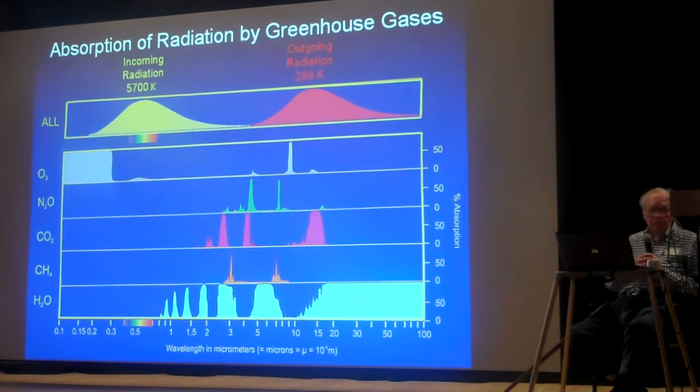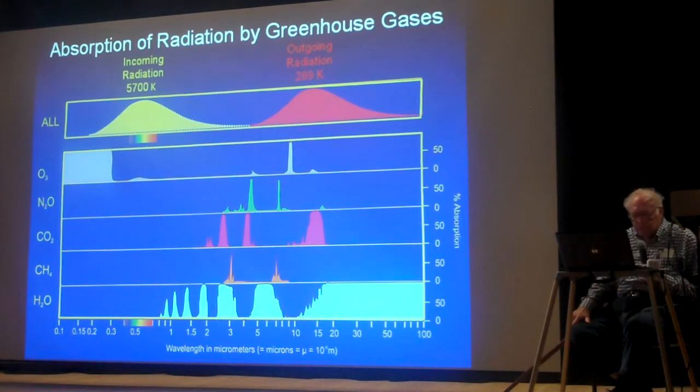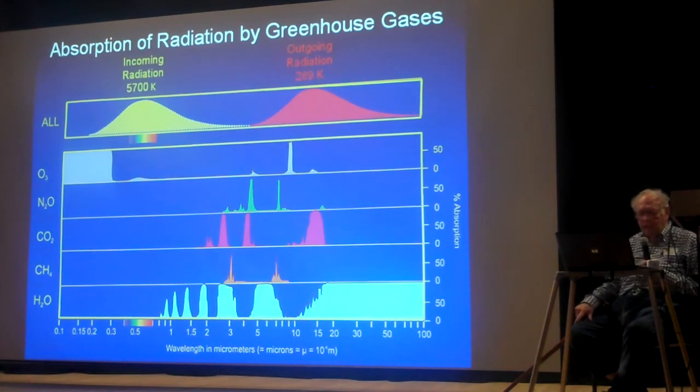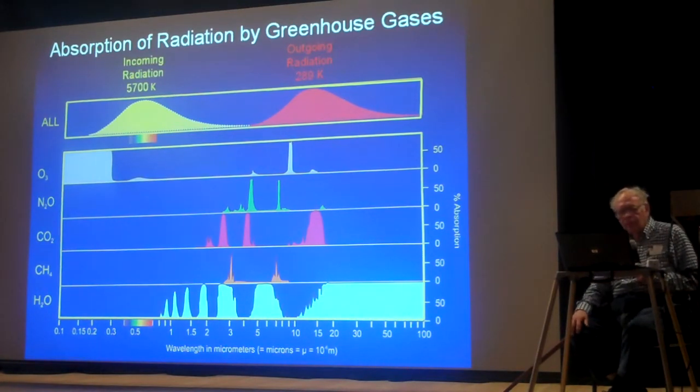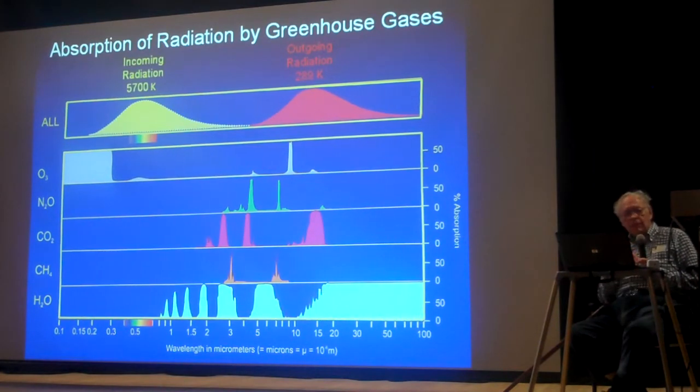Now, there has been a long-term change because the sun was less bright early in its history than it is today, but that's a change on the order of billions of years. Now, down below, you see where these absorption lines are for greenhouse gases, and you'll see the bottom one, that's water vapor. That's spectacular. Water vapor is the major greenhouse gas. Unfortunately, though, for the climate denial communities, it's not evenly distributed.